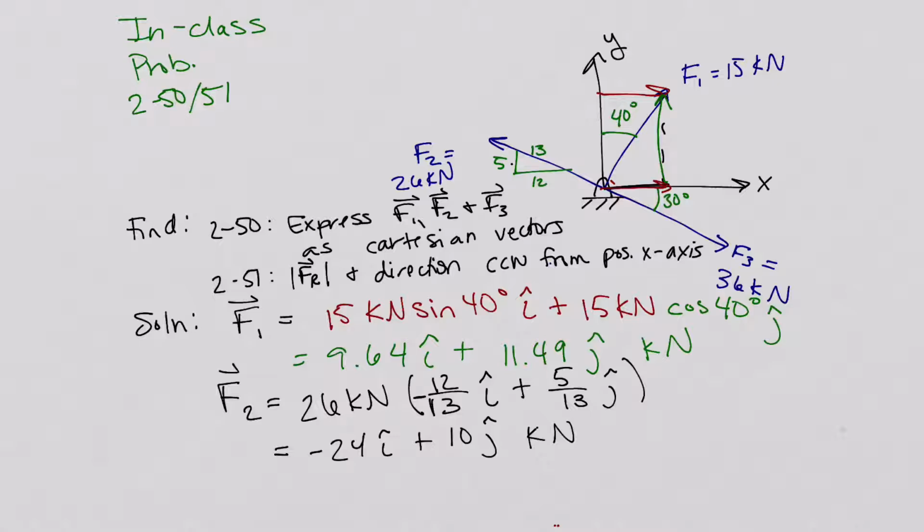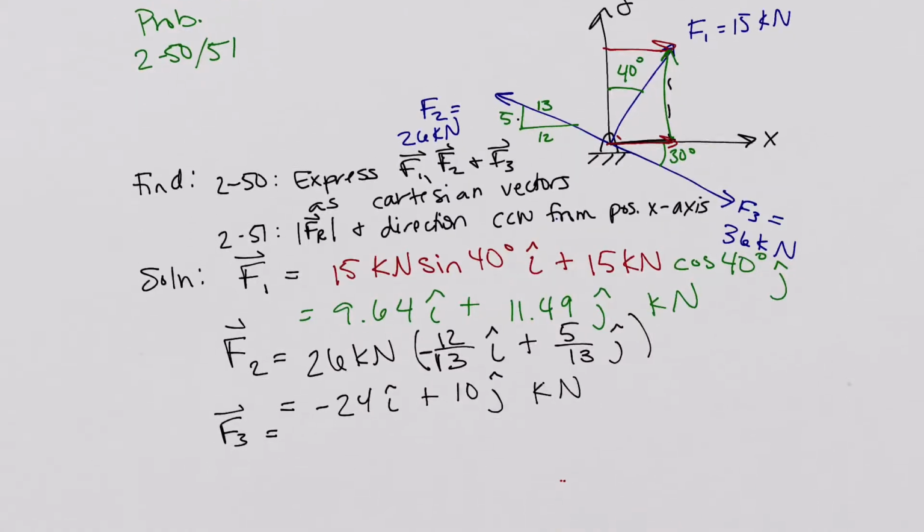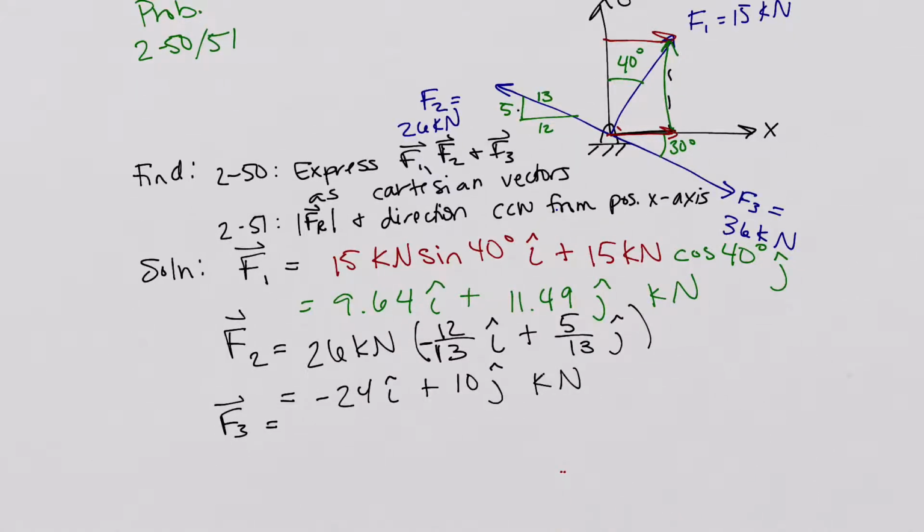And now for F3, I'm going to try to squeeze it onto this page. I can zoom down a little bit. For F3, we know the magnitude is 36 kilonewtons, and that angle is 30. So F3 is 36 kilonewtons multiplied by, for the i direction, the positive x, cosine of 30 degrees i.